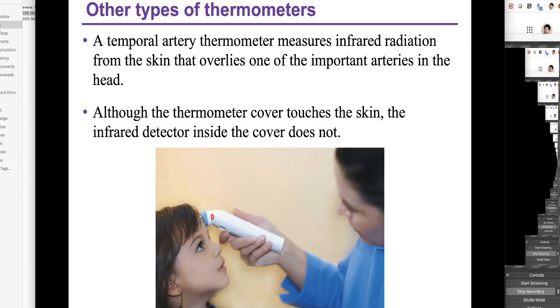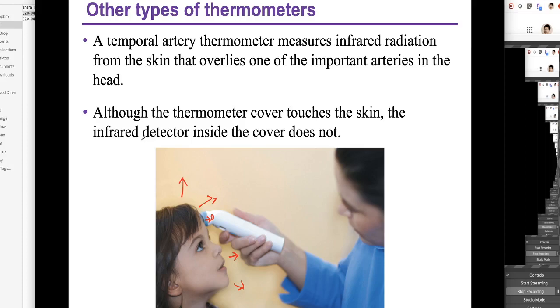The sensor doesn't contact your skin, but there are some radiations from your skin to the air and to the sensor. So the sensor will sense the infrared radiation from your skin. If your skin has a high temperature, the radiation is stronger.